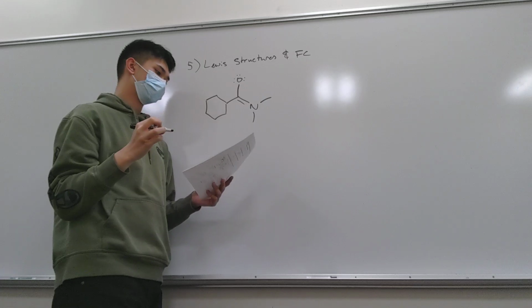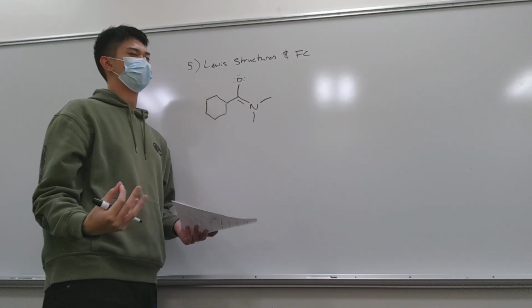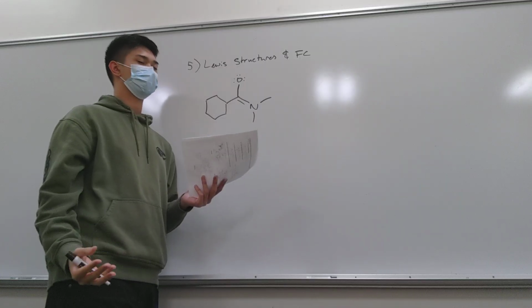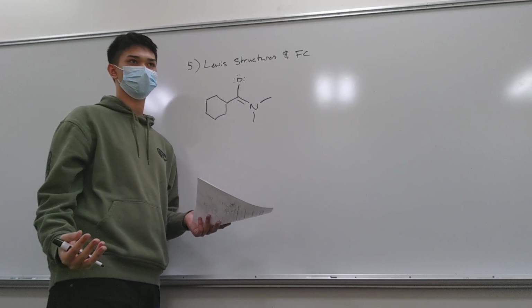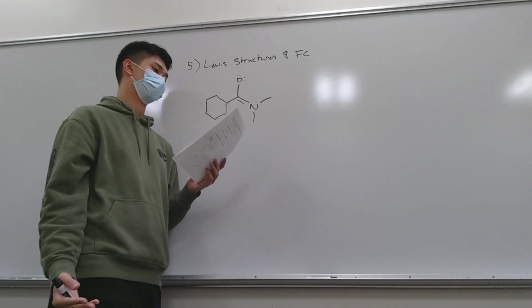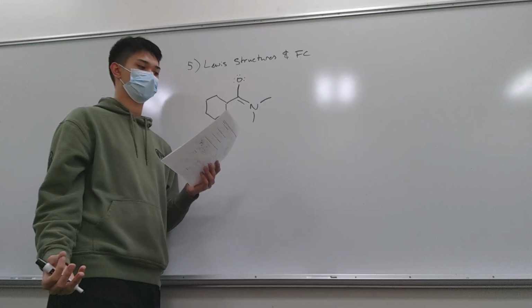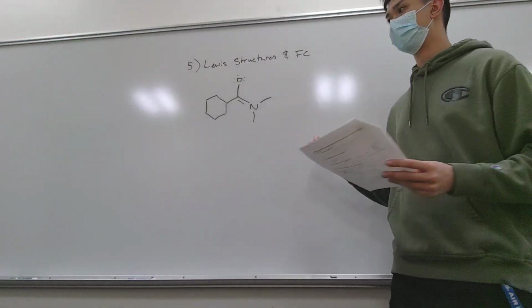And then this nitrogen has 4 bonds. It can't really have a lone pair there. Nitrogen usually likes one lone pair, but here it doesn't, so we need to look at its formal charge. We can mathematically derive this formal charge.